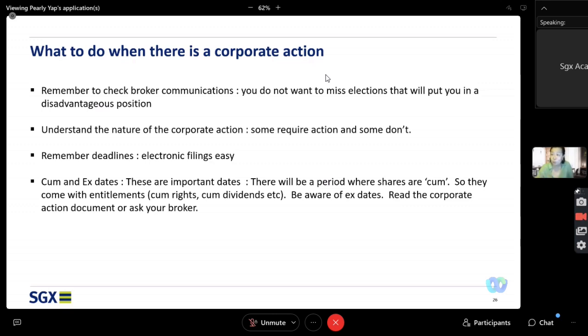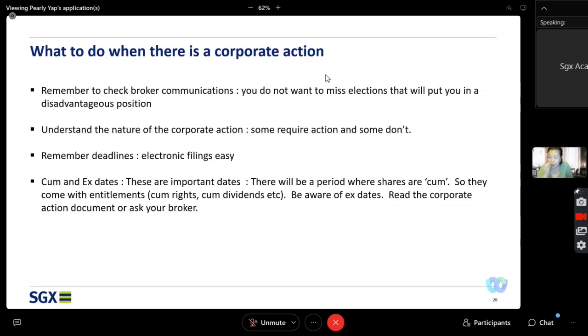So the cum date is really to make sure that you know that if you buy, this is your entitlement. Then there must be a cut-off date, and that date is called the ex date. The ex date is the one where if I buy, I don't get any entitlement. So sometimes you can see cum div, ex div.